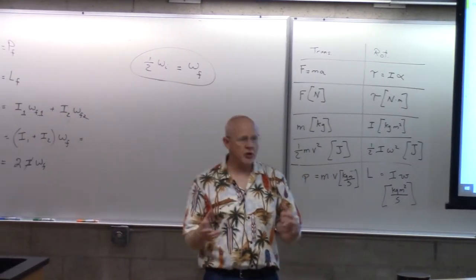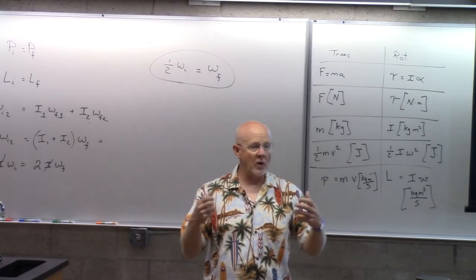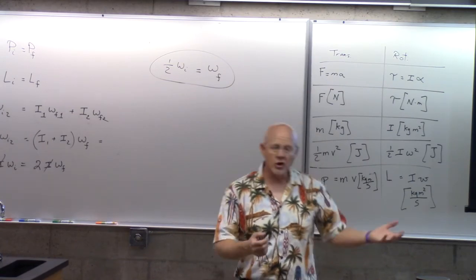Because you could change the moment of inertia by changing where the weights are. We couldn't do that with translational stuff.